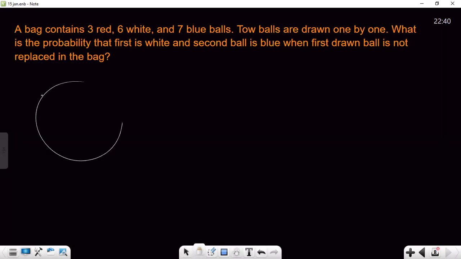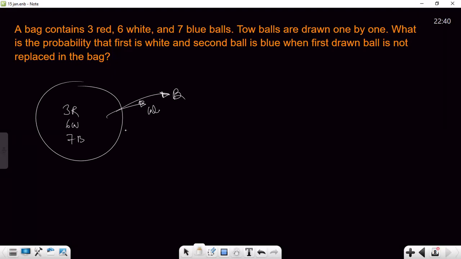There is a bag, so let's make a bag. 3 red, 6 white, 7 blue balls are there. 2 balls are drawn one by one. One ball is drawn, thereafter, second ball is drawn. What is the probability that first is white and second ball is blue when first drawn ball is not replaced in the bag?